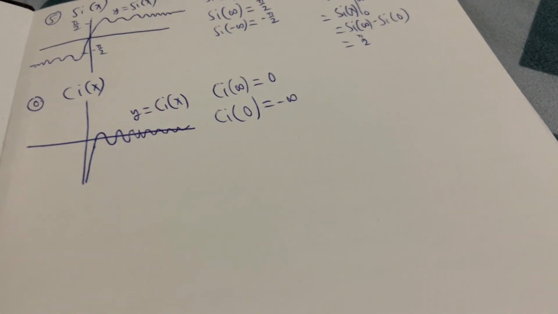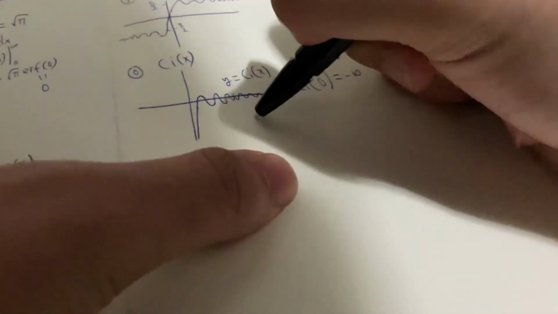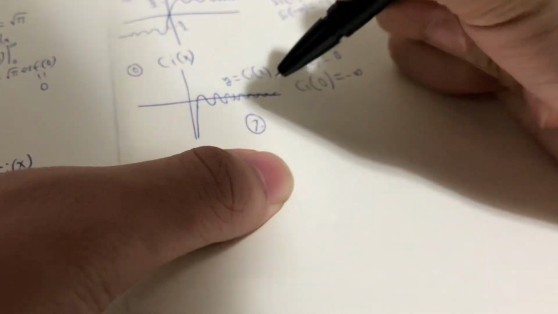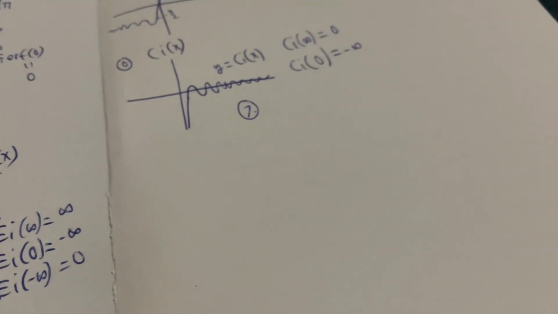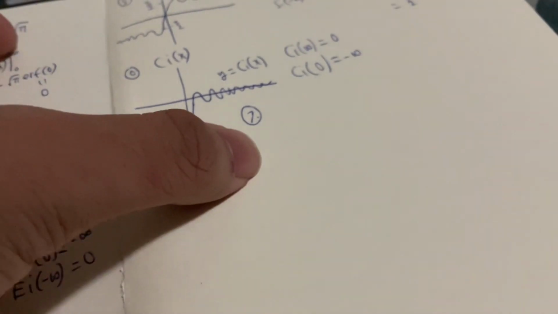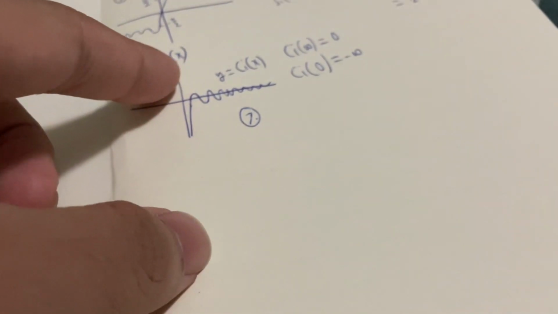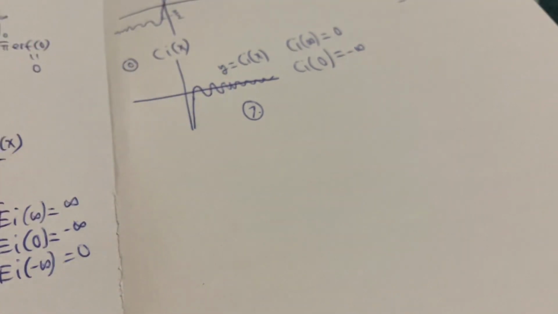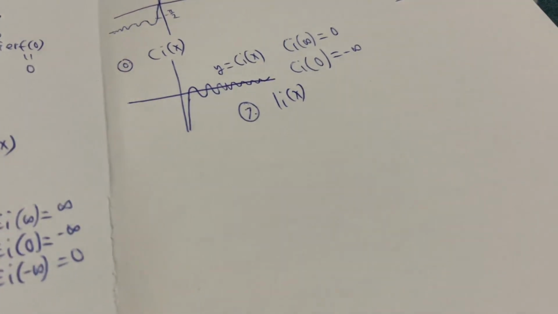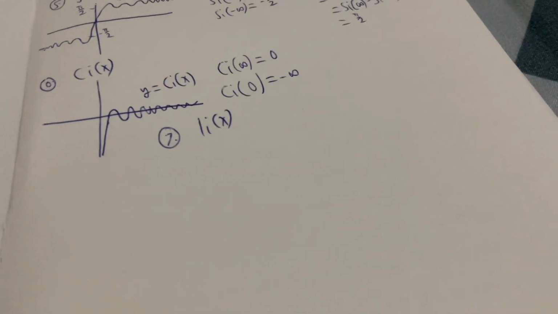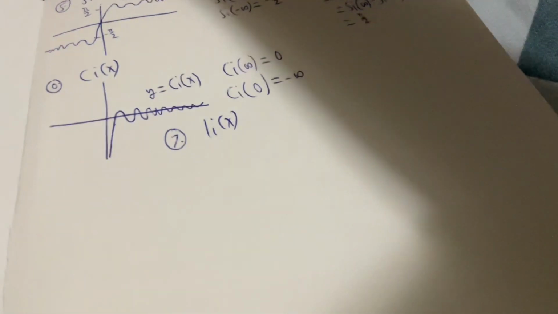Oh, I forgot one. Number 7. This is a really important one. Why did I forget? And this is really similar to CI of x. It's called Li of x.